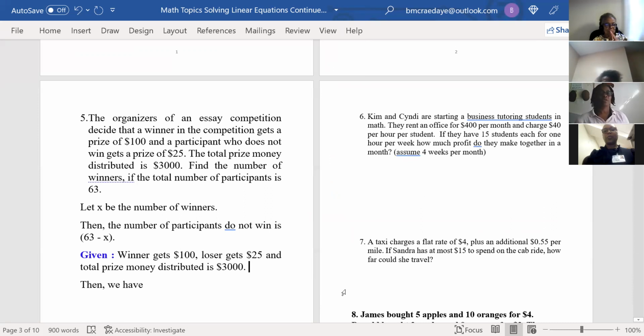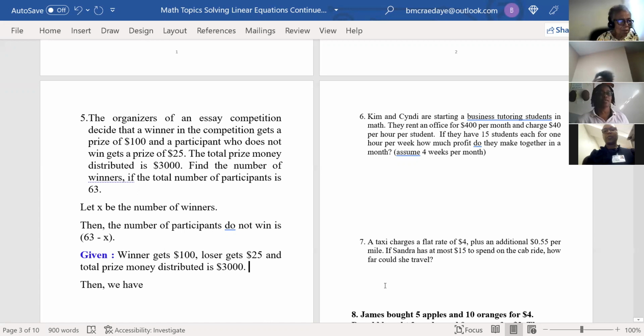The organizers of an essay competition decide that a winner in the competition gets a prize of $100 and a participant who does not win gets a prize of $25. The total prize money distributed is $3,000. Find the number of winners if the total number of participants is 63.